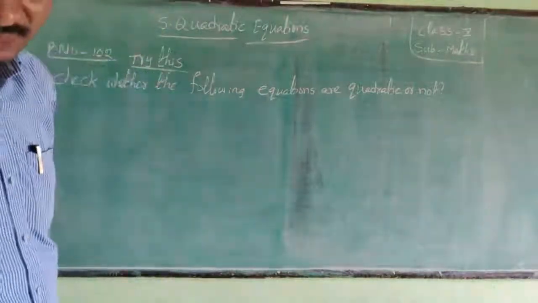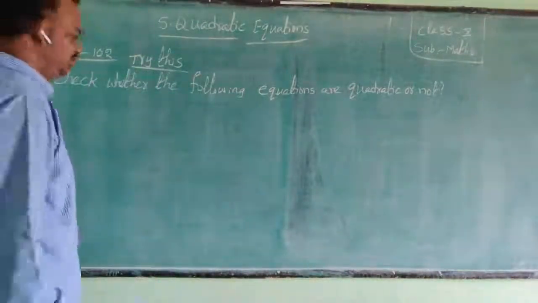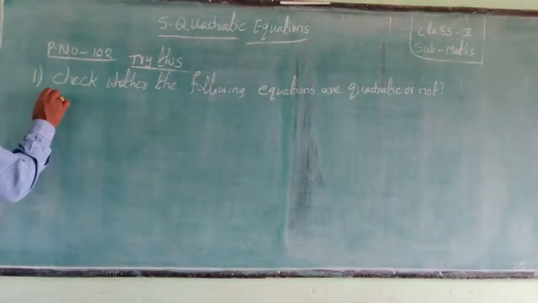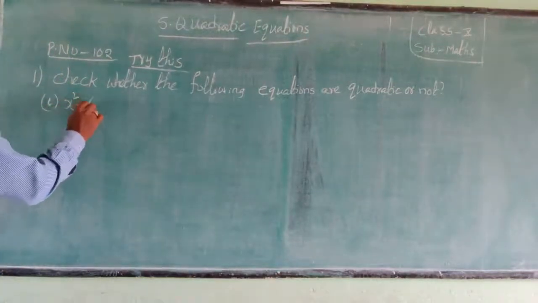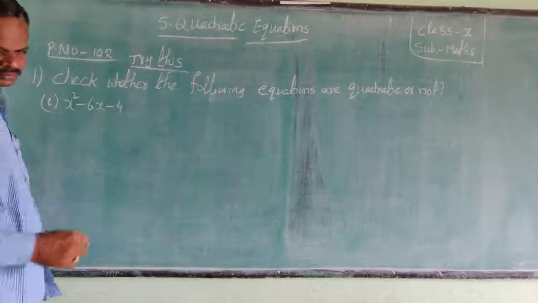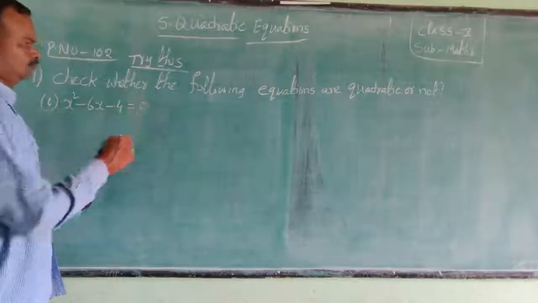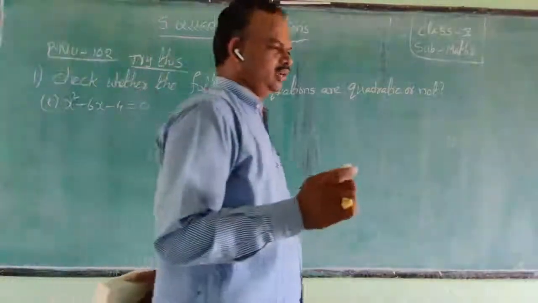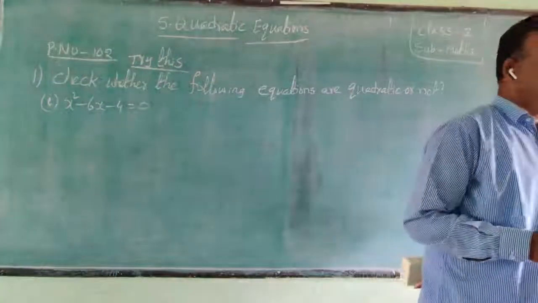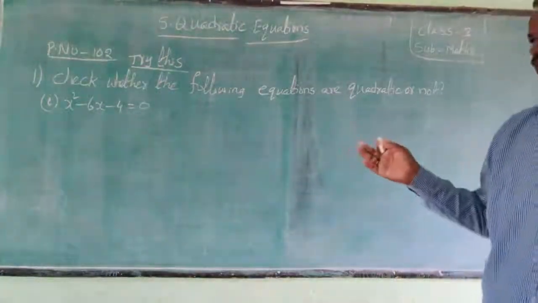First one: x square minus 6x minus 4 equal to 0. Check whether it is quadratic or not.